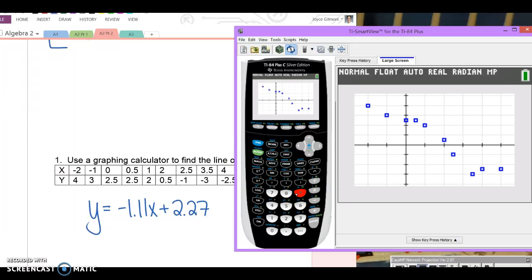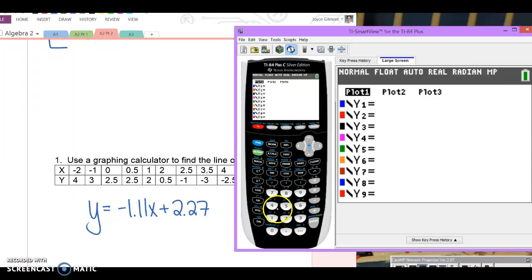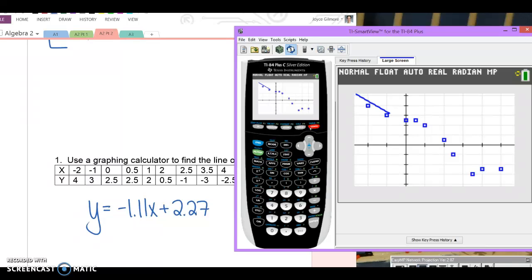There's the scatter plot of the data that we just entered. And now here's the really cool thing. If I enter that equation, y equals negative 1.11x plus 2.27, you can see the scatter plot with the line of best fit drawn through the data.